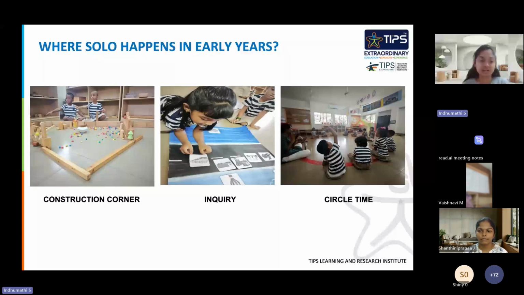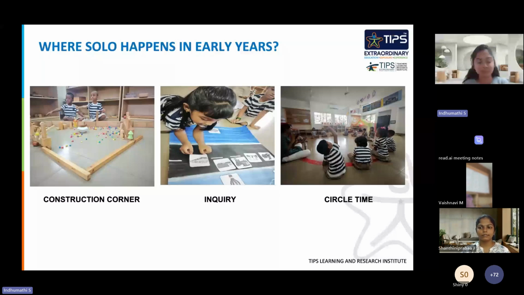If the learner is able to sort the three modes of transport, then that becomes the multistructural. And moving to the relational, if the child is able to explain why a particular vehicle belongs to that particular mode of transport, then that becomes the relational level of thinking happening in that particular learner.